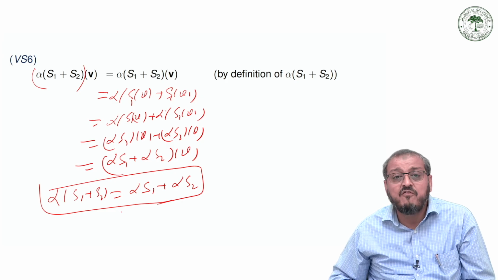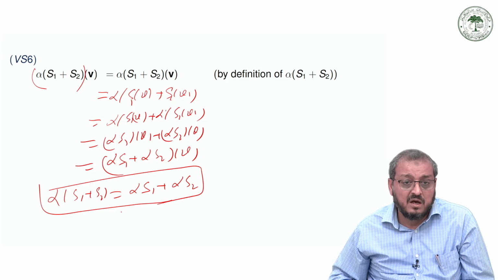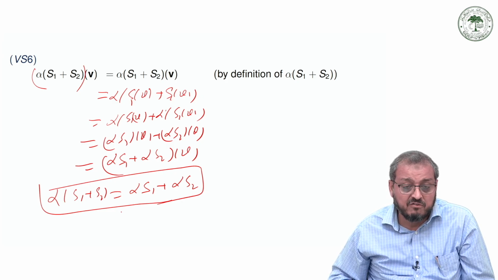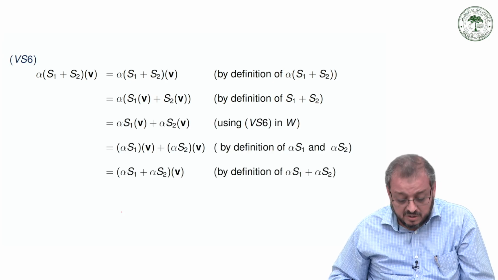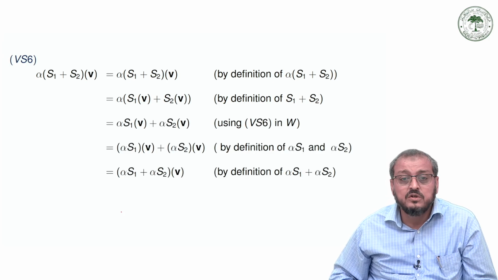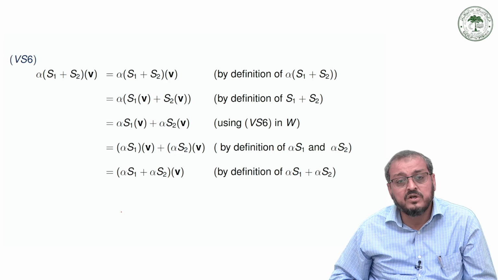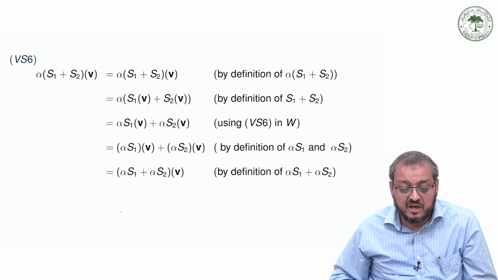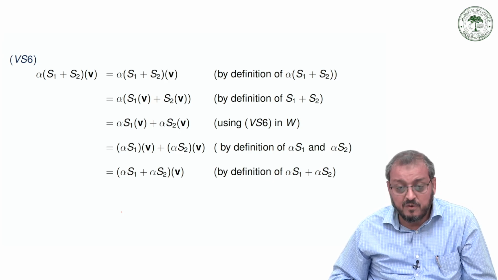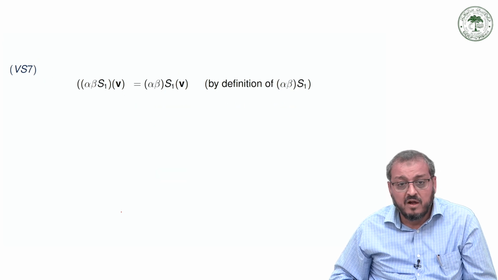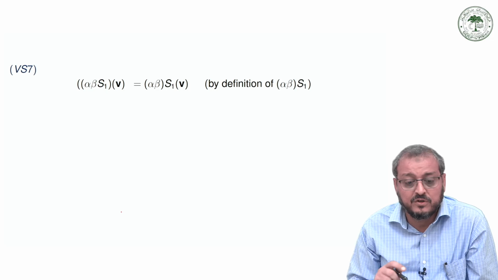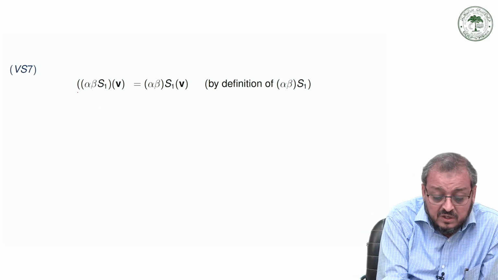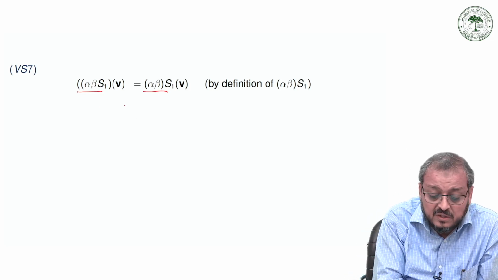So now what is left is alpha beta S1 is equal to beta alpha S1, this condition. Then two more conditions need to be verified, and if these hold, then we can show that this set forms a vector space under the operation of addition of two linear maps and scalar multiplication of a linear map.